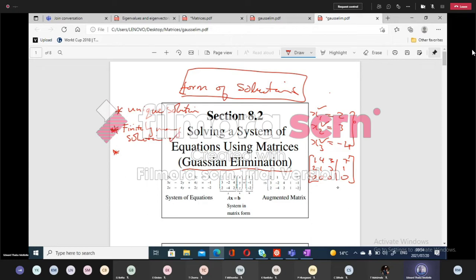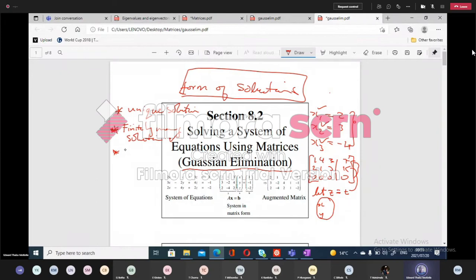In this case, maybe you are solving for x, y, z, and you can let z be equal to t. Then you substitute into that equation to determine the values of x and y. So in this situation, you have infinitely many solutions.